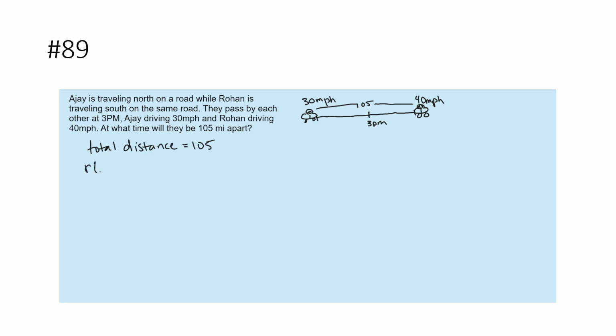So the rate and time of AJ plus the rate and time of Rohan will equal the distance, because we have two rates and two times.